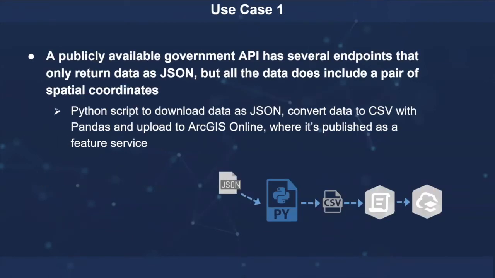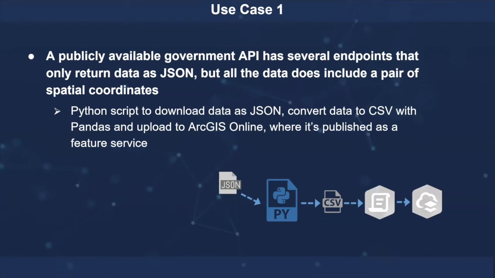Thanks, Rob. So this is our first use case. It's the one we'll be addressing in our demonstration today, where a government entity has released their data publicly, but maybe spatial isn't a big enough footprint at their agency where they wouldn't think, well, let's release this in a spatial format.